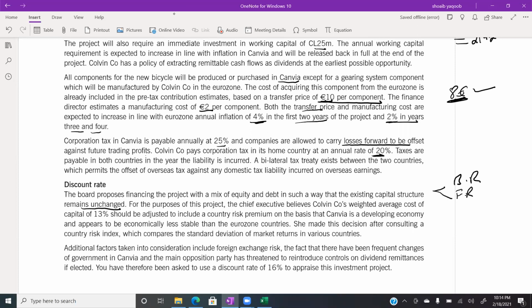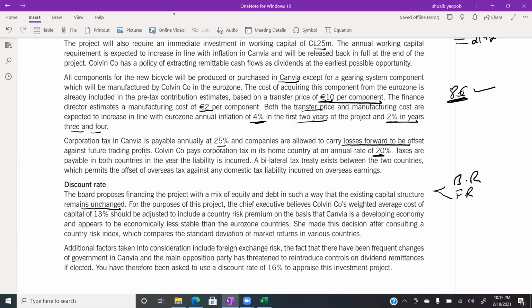Actually, if your parent company is in the Eurozone and you want to invest in developing countries, obviously when you want to invest in a developing country, there will be a risk of political instability, there will be a risk of exchange rate instability, there will be a risk of fiscal or monetary instability.